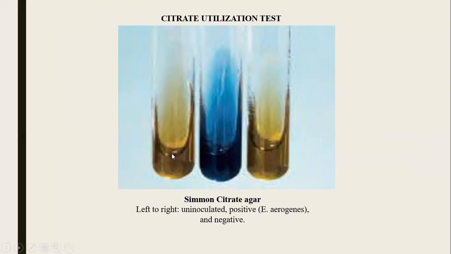The first tube is an uninoculated medium and the second tube is positive because it changed its color to blue due to the presence of bromothymol blue. The third one is negative because there is no change in the color of the medium. The positive organism here is Enterobacter aerogenes.